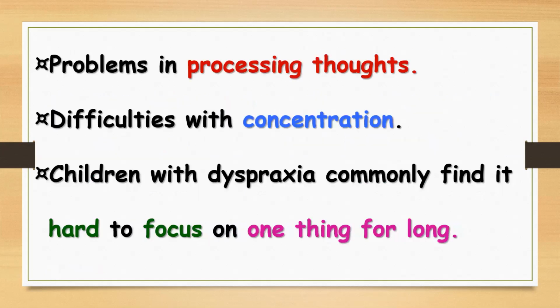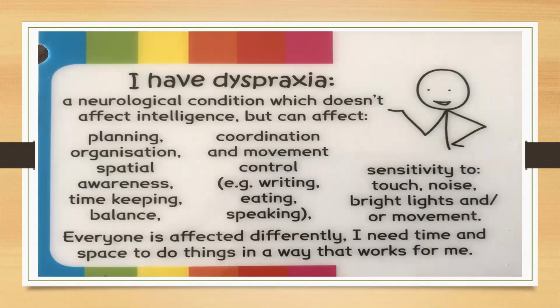They have problems with processing thoughts, difficulties with concentration. They are least bothered about what the teacher talks about in the class. They will not care. They are not concentrated here. Their mind is somewhere else. Children with dyspraxia commonly find it hard to focus on one thing for a long time. This is a neurological condition.